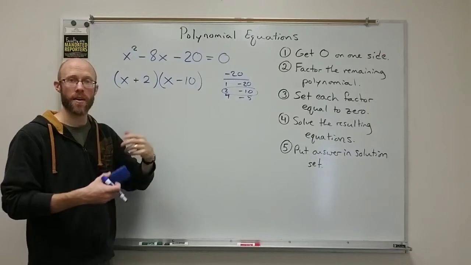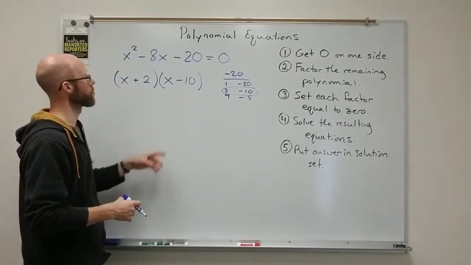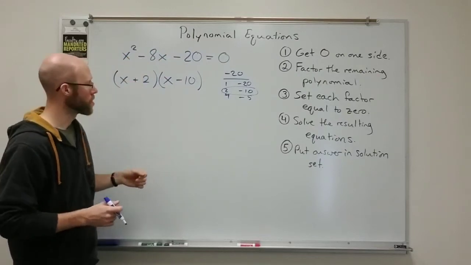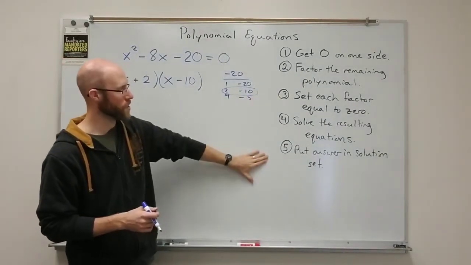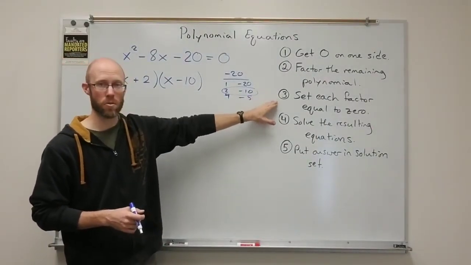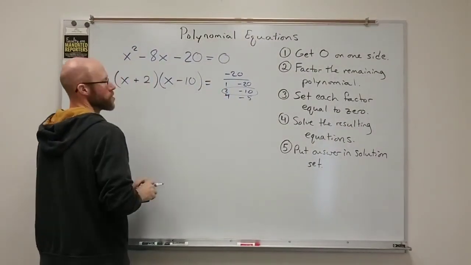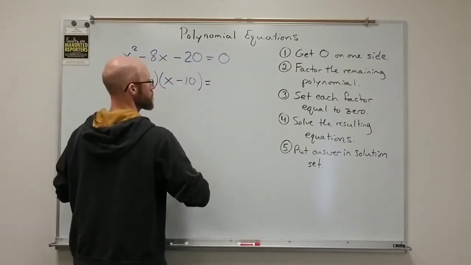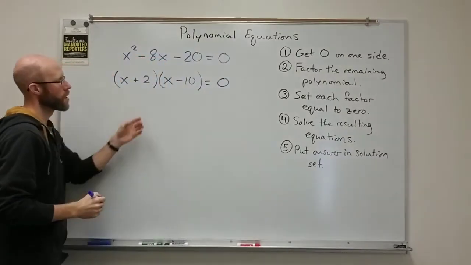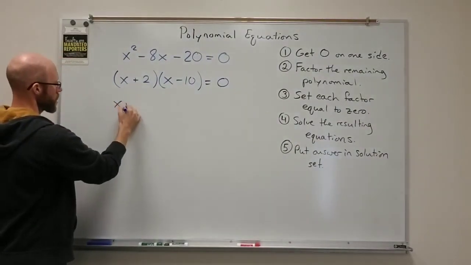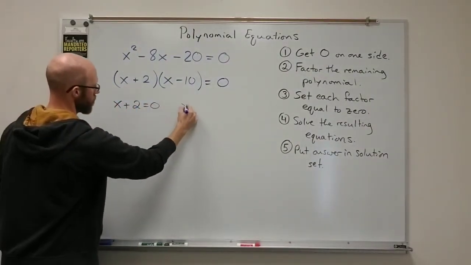However, in this case, I have the equal sign, so I'm actually looking for the values of x that solve the original equation. So that's where the rest of this comes in, setting each factor equal to 0. So I have 2 factors. Actually, this whole thing should be equal to 0. Okay, don't forget to equal 0. Then you set each factor equal to 0.